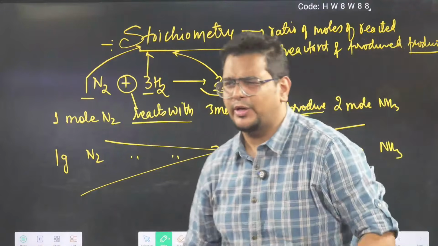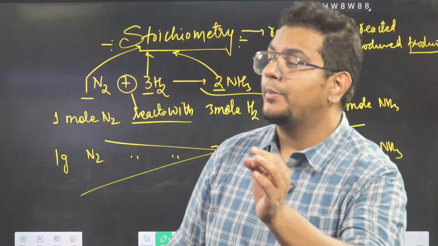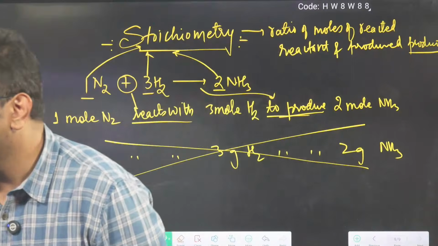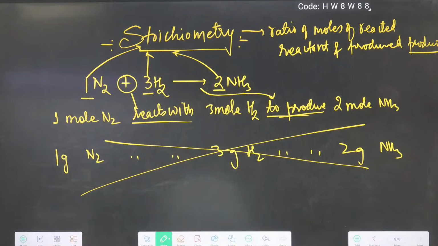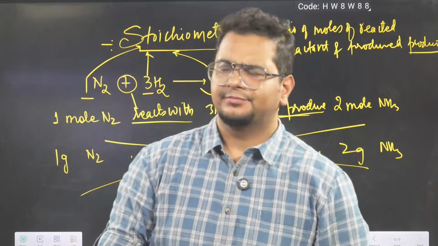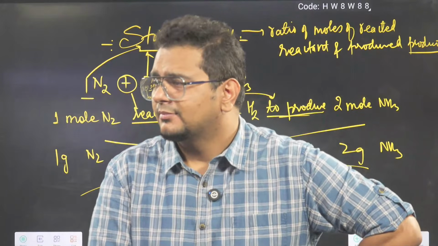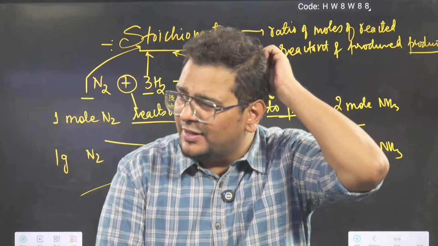I'll give one example to explain. Tell me, 1 boy will marry how many girls? Why are you thinking so much, bhai? 1. That means in the universe only 1 girl is there?